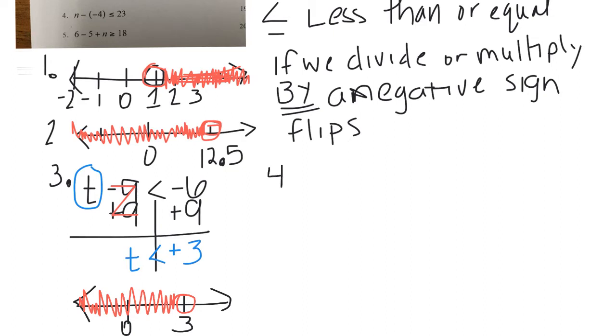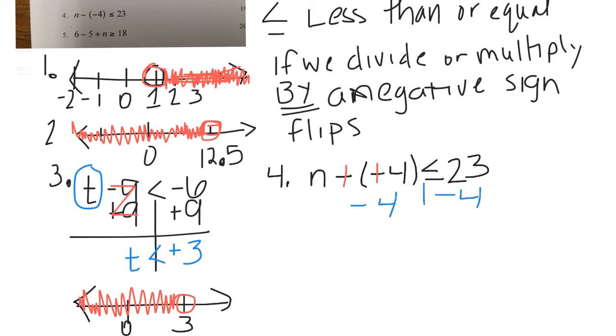Number 4 is n minus -4 less than or equal to 23. Now this minus a negative becomes plus positive, so I'm actually going to subtract 4 from both sides. And there's my little line. So n is less than or equal to 19.